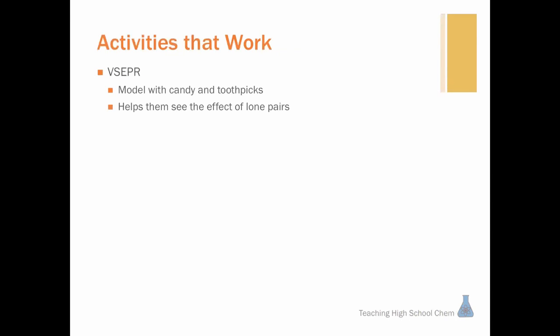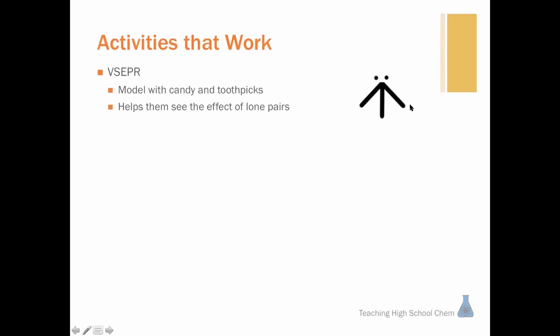What I'm looking for is I want them to see and understand visually the impact that lone pairs have. If I take something that's trigonal planar, like this, something that has 3 bonds on it, but I add a lone pair at the top, all of a sudden it becomes pyramidal.